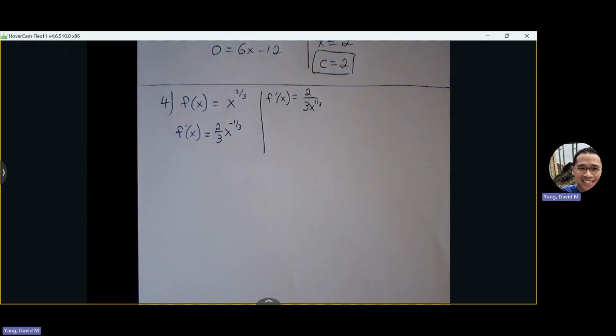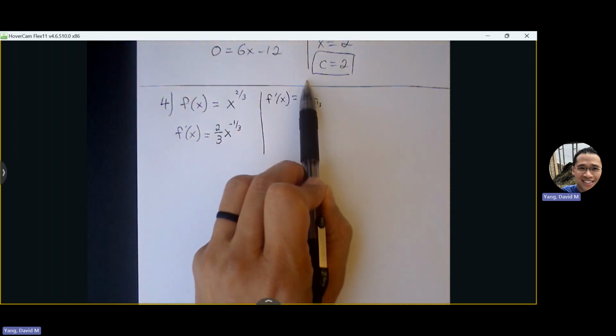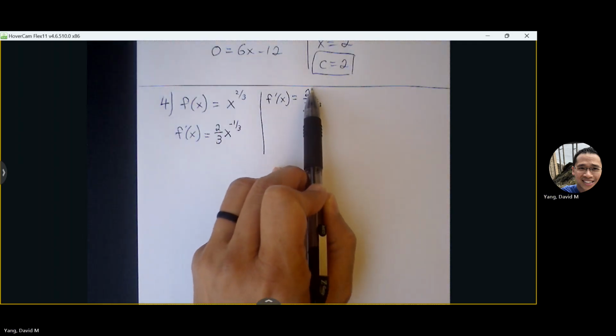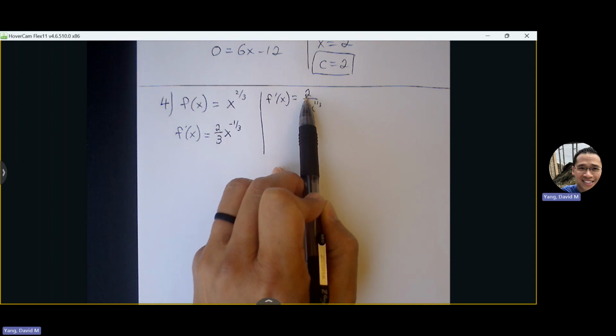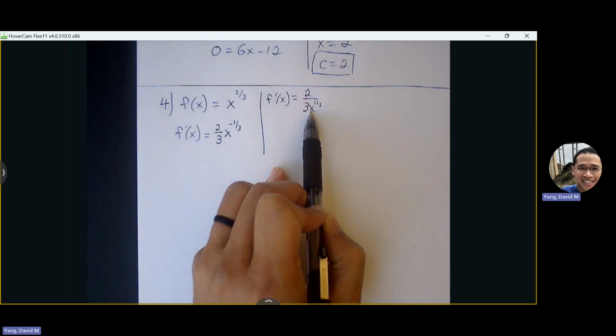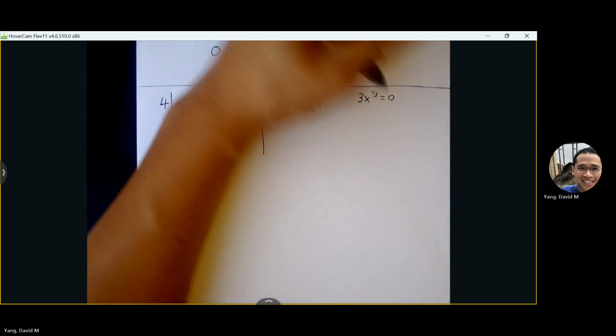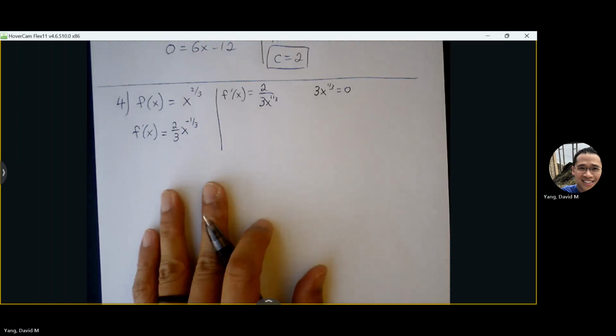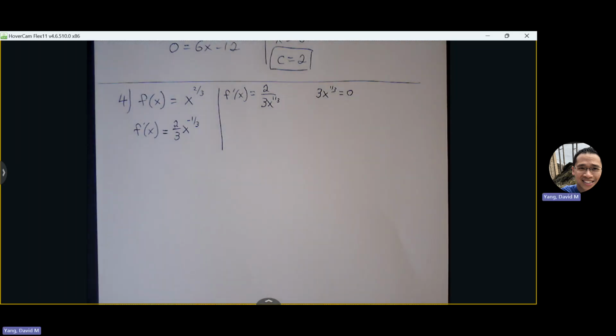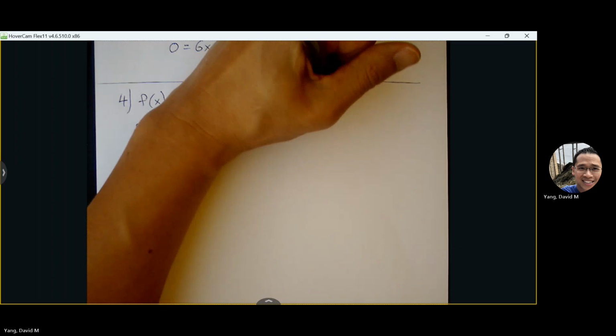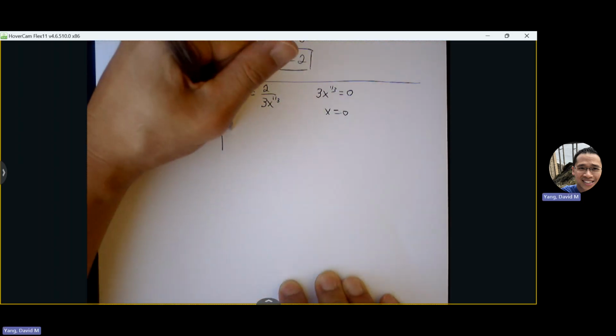Doesn't mean that you're going to find them in both locations every time, but we have to make sure we look in both places. Anything from the numerator? Right. If I set 2 equal to 0, there's nothing to find. But if I set 3x to the 1/3 equal to 0, what's my critical point there? Divide by 3, cube both sides, x equals what? 0. Yeah. So there's one critical point.